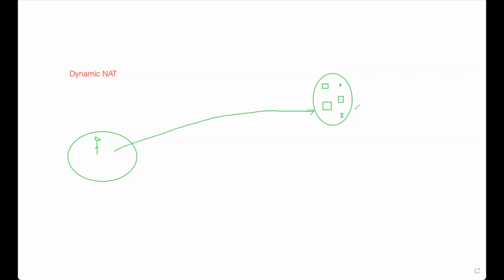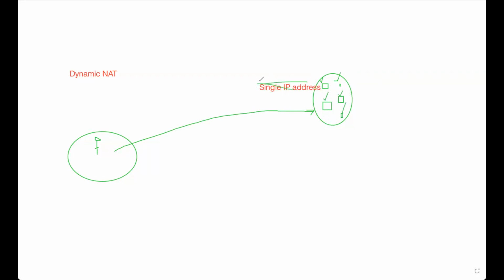But because of this many number of servers, you don't have the capacity to manage with a single IP address. Many web servers are there in your network, and all of this cannot be managed by a single IP address.